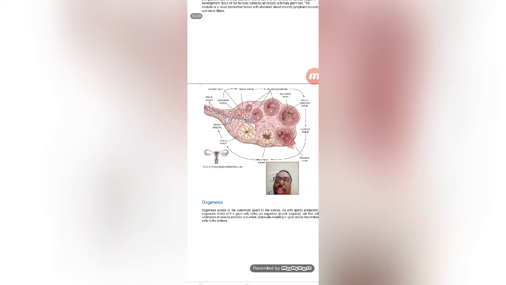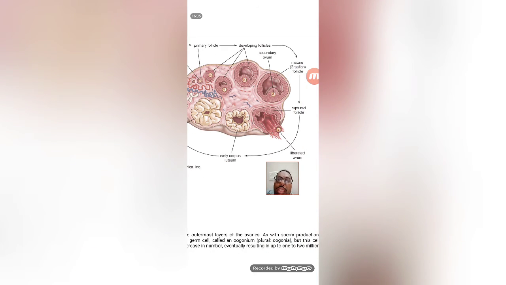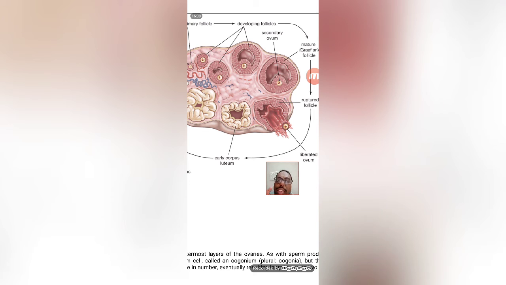After ovulation, that mark will be there, known as the corpus luteum. When the ovum is liberated out, that means ovulation has taken place. We will study that in the menstrual cycle. Wherever this ovum is liberated out, it forms the corpus luteum. Corpus luteum also has some functions. After the liberation of the ovum, it functions as an endocrine gland for a short time.